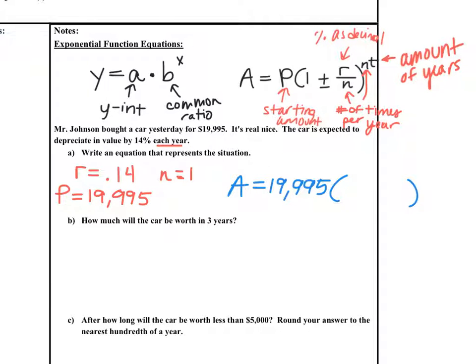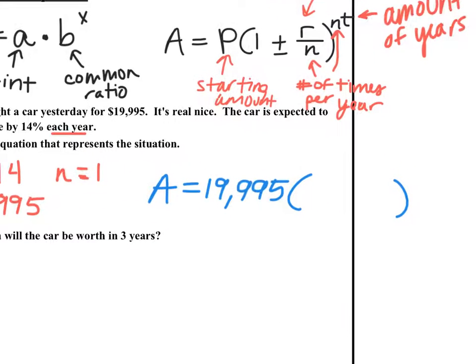Yeah, so I can put 0.86 here. And if I'm going to go and write this out just so we see it. So this is how we get it. 1 minus 0.14 over, it happens once per year. Okay. And again, once per year times my number of years. So if you simplify that, we get this.